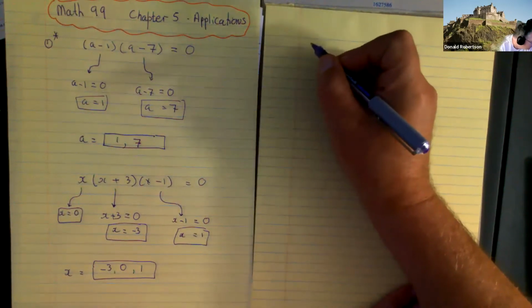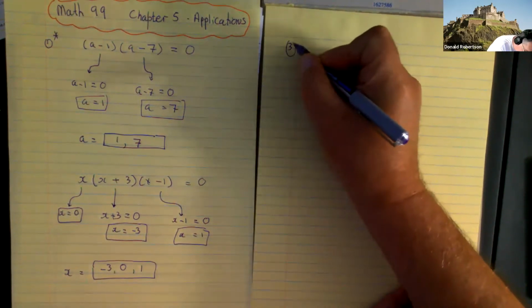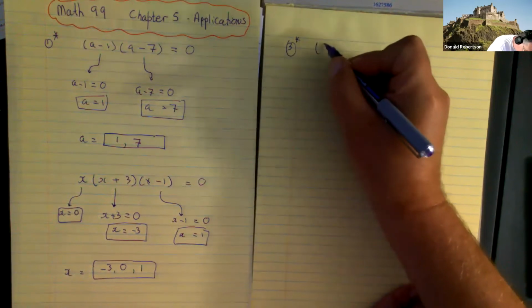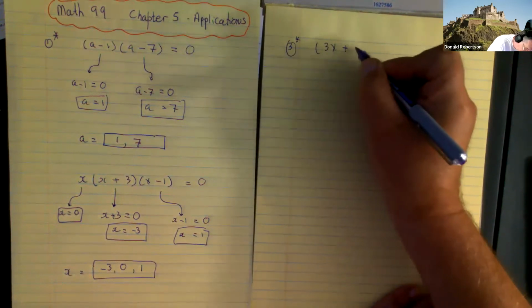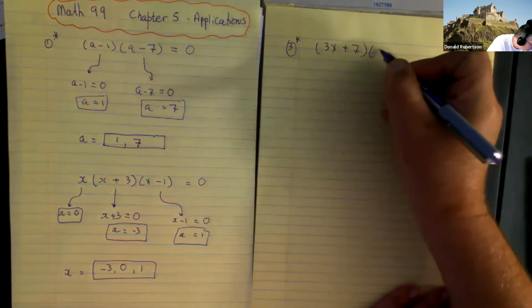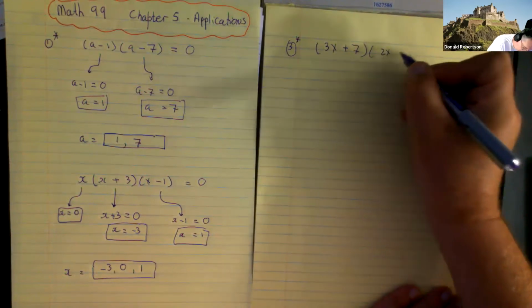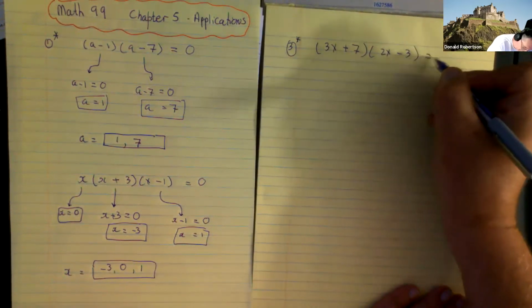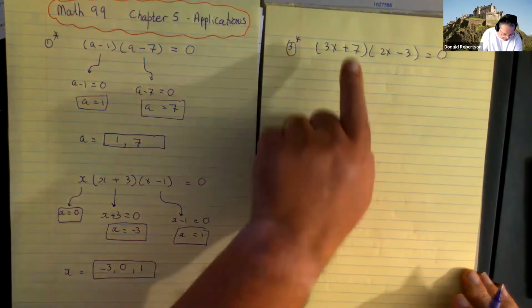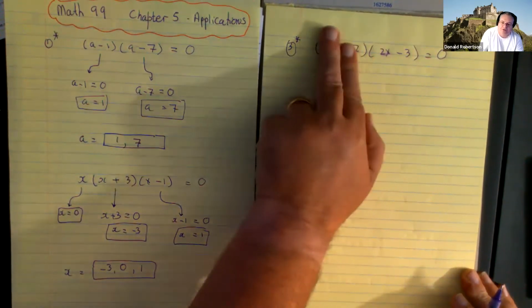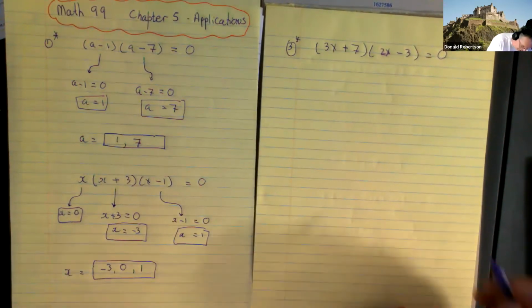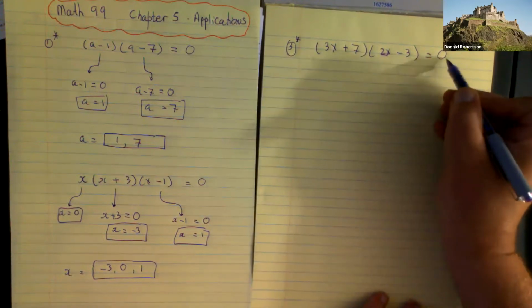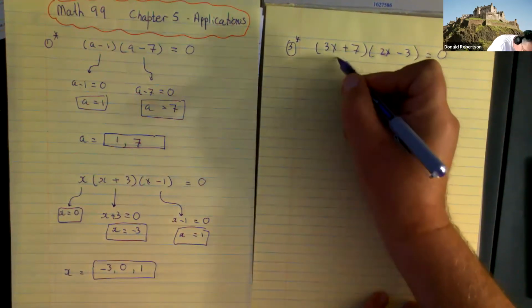Now, an example, same idea, but just a little bit more awkward, where the numbers aren't going to be anywhere quite as nice, would be this one. 3x plus 7 is a factor, so is 2x minus 3. These two must equal 0 for this to work.